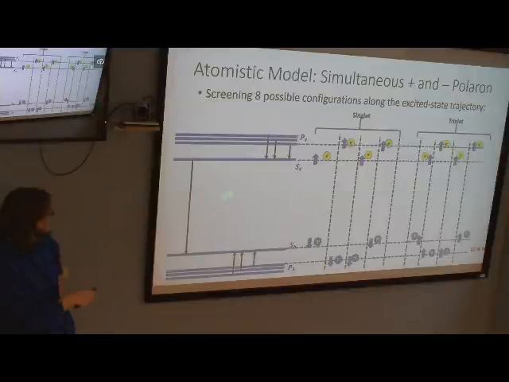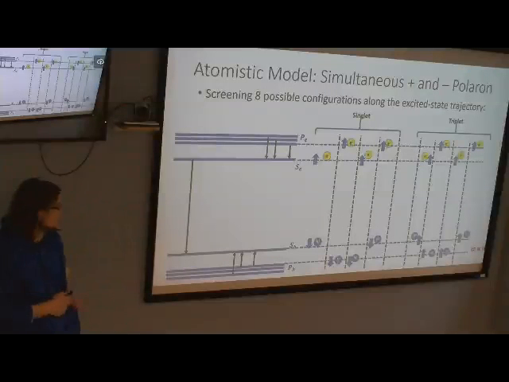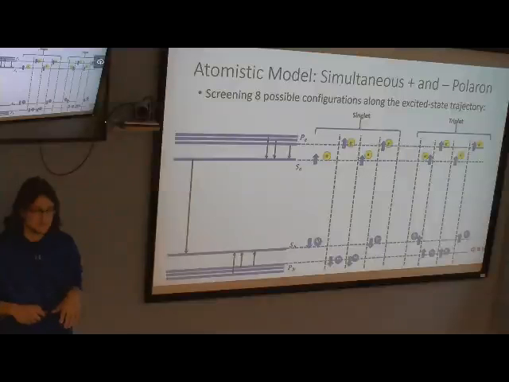This is the band gap, the conduction band edge, the valence band edge, and then the next closest electronic states in the conduction and valence band. Essentially I'm screening 8 different possible configurations that the polaron could take in the polaron ground state and in the polaron excited state.